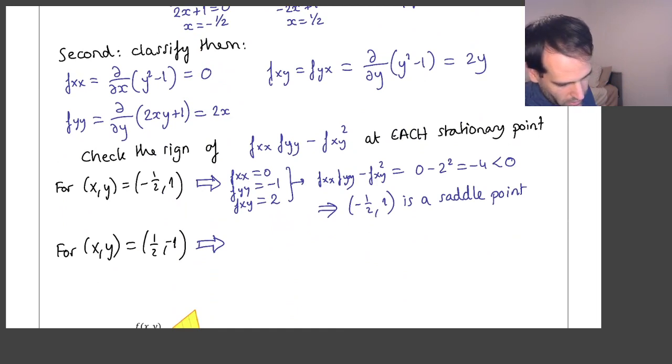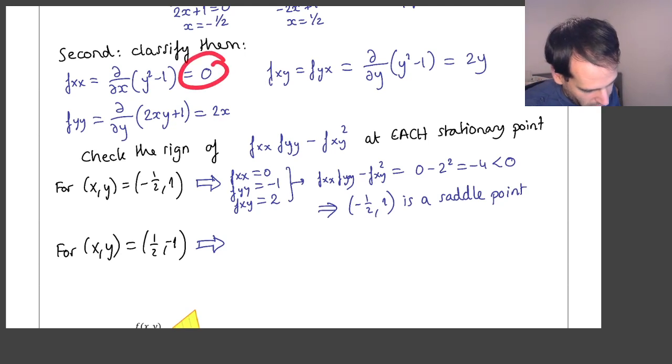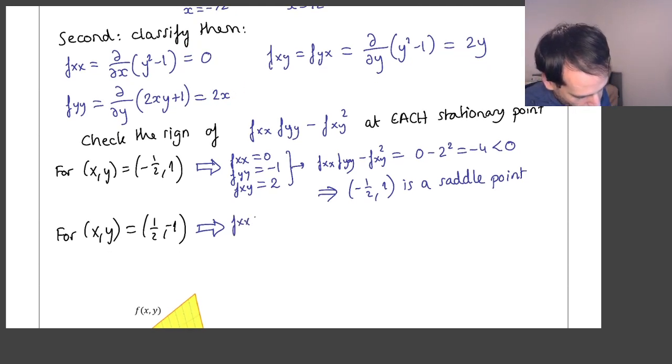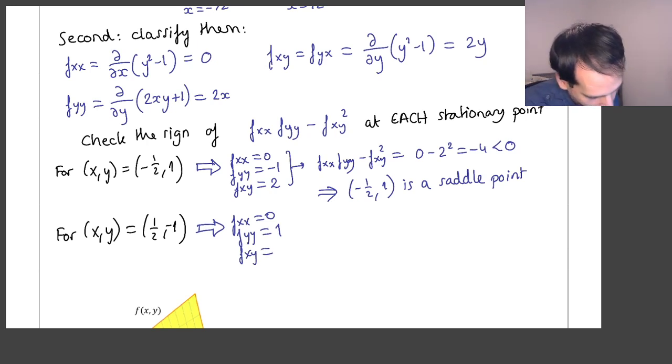So we need to substitute x equals 1/2 and y equals minus 1 into the second order partial derivatives, and we get that fxx equals 0, fyy equals 2x, which is 1, and fxy equals 2y, which is minus 2.